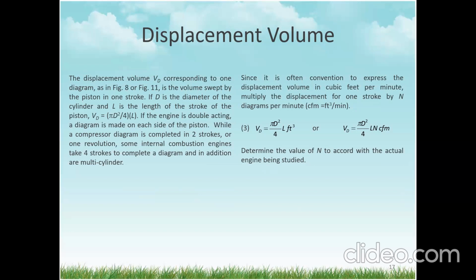D is the diameter of the cylinder and L is the length of the stroke of the piston. B sub D is equal to pi D squared over 4 times L.